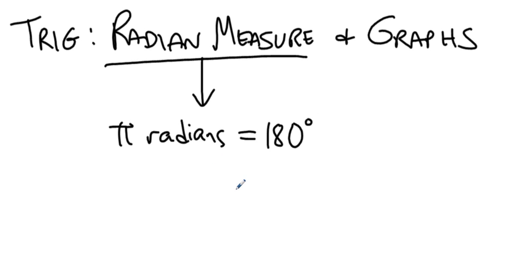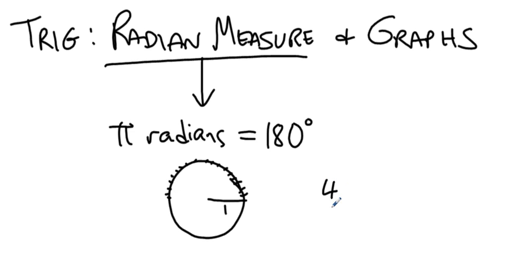And that is because on the unit circle, a circle of radius 1, to go 180 degrees around that circle, halfway around that circle, covers a distance of pi. The unit circle is something that keeps popping up in trigonometry. Pi radians is equivalent to 180 degrees. So we look at everything through that lens.